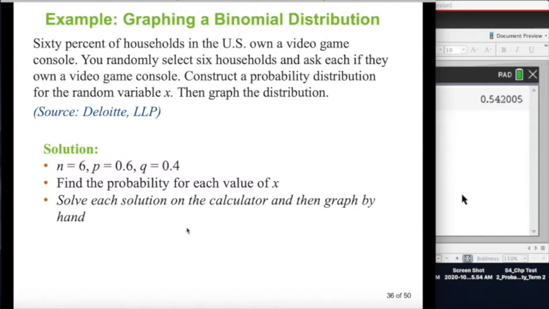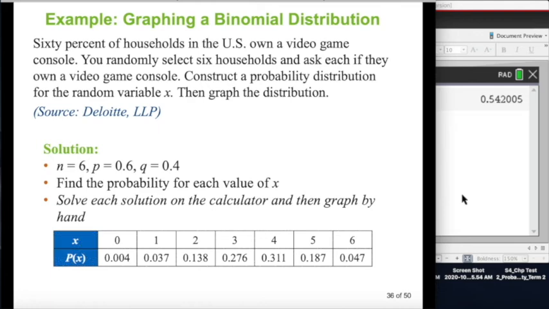So what we have to do is find the probability for each value of x, because we want to make the probability distribution, or some people call it a probability distribution table. Let me show you how to find that. So x can be equal to 0, 1, 2, 3, 4, 5, and 6.